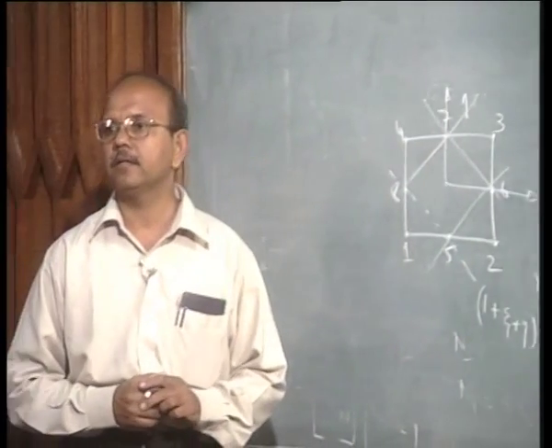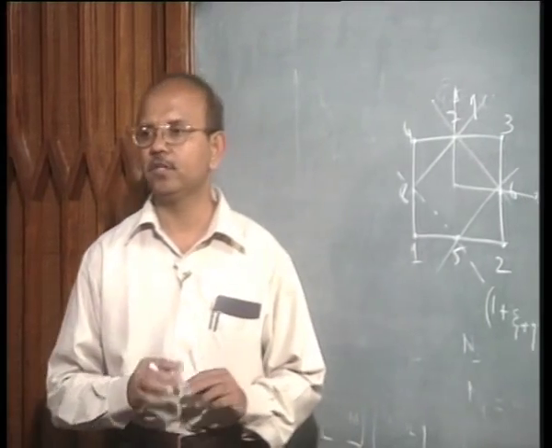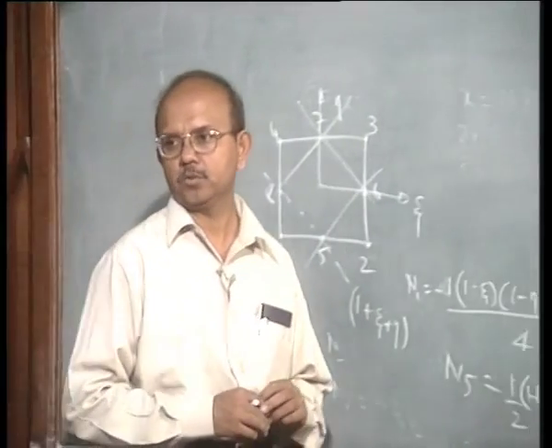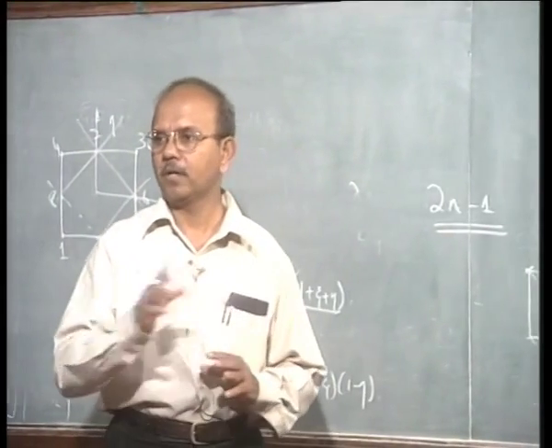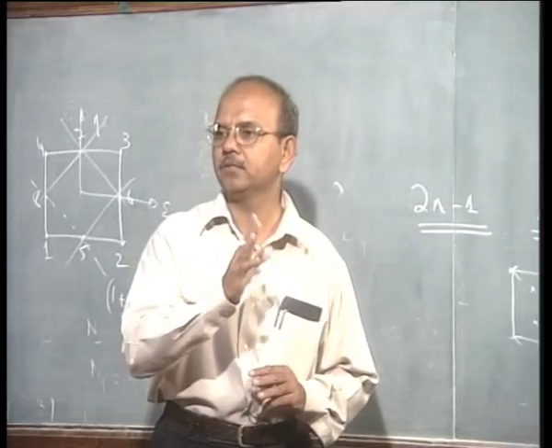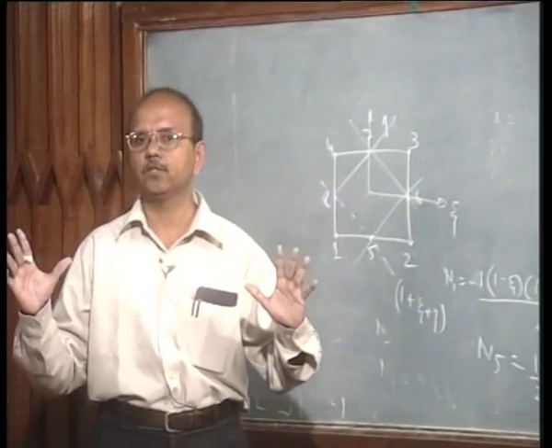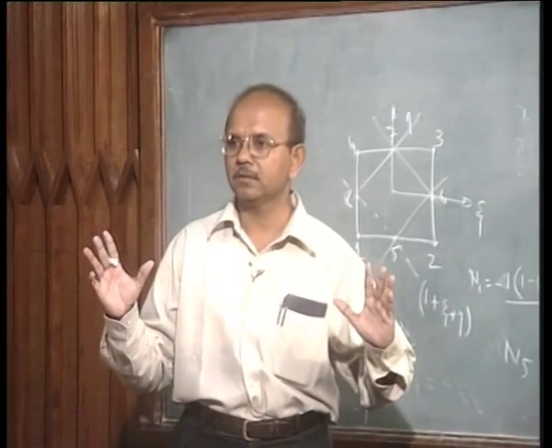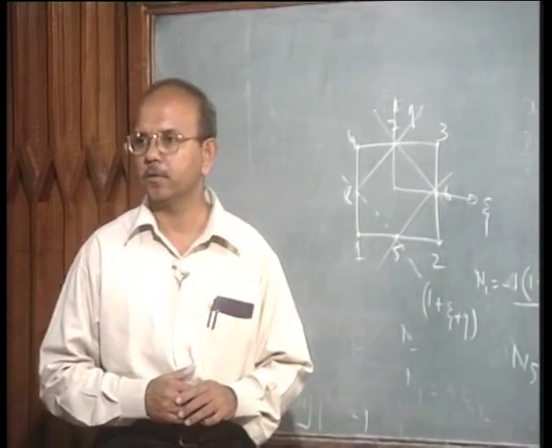On the other hand, if I use an 8 noded element, usually a 3 by 3 rule is used. There are 3 Gauss points in one direction, 3 in the other. So with 3 by 3, how many Gauss points in total? 2 by 2 is 4, 3 by 3 is 9 Gauss points.